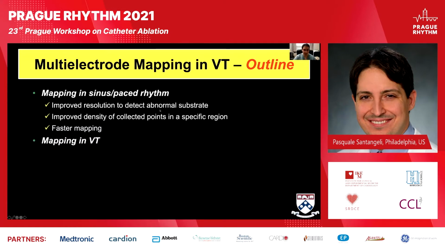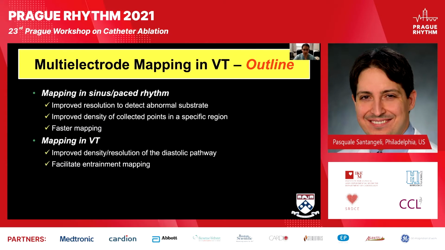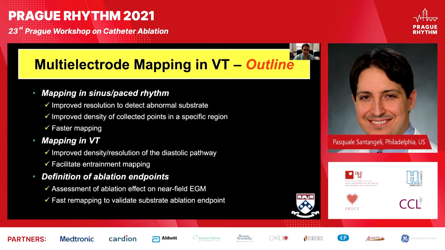When mapping in VT, multipolar mapping has benefit in terms of density and resolution to visualize the diastolic pathway and also facilitates entrainment mapping. Finally, something very important for substrate-based ablation strategies, a better definition of the ablation endpoints with an assessment of the ablation effect on the near-field electrograms, and allowing for a fast remapping to quickly validate the efficacy of the substrate-based ablation.